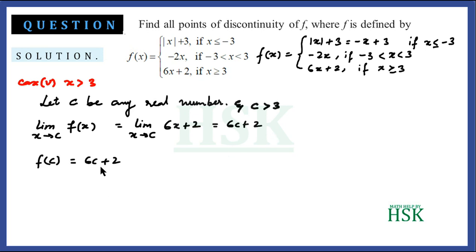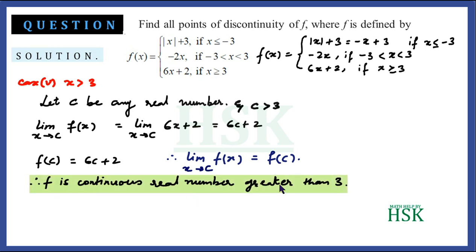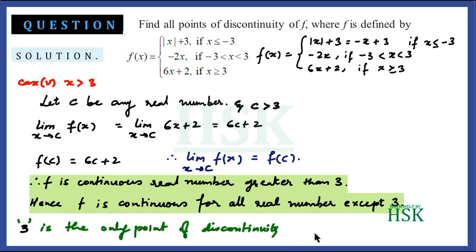And f of c again would be equal to 6c plus 2. Therefore, the limit of this function f(x) when x tends to c is equal to f of c, and c can be any value greater than or equal to 3. So f is continuous for all real numbers greater than 3. Hence f is continuous for all real numbers except 3. So 3 is the only point of discontinuity for this function, which is the required answer.